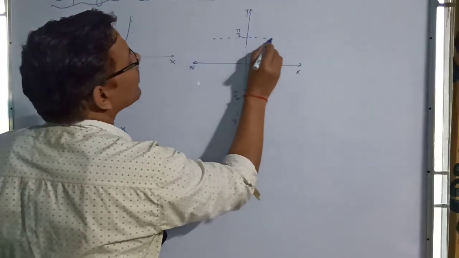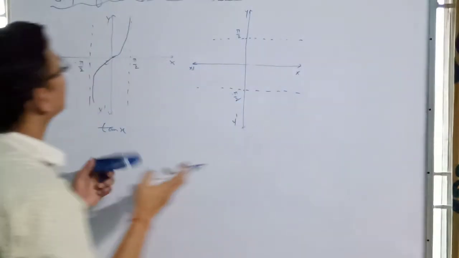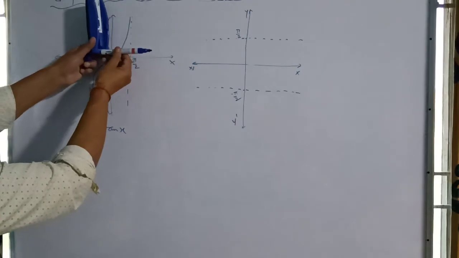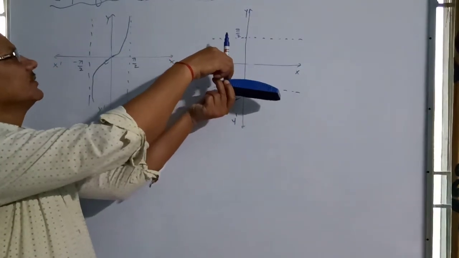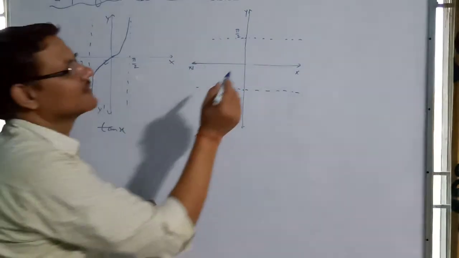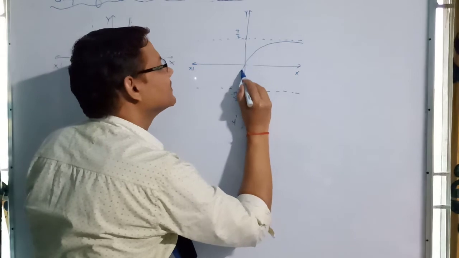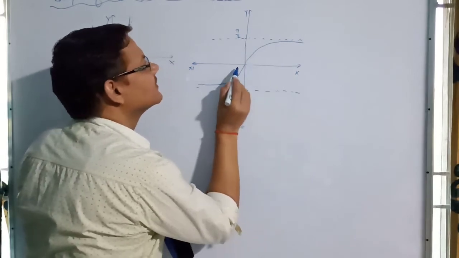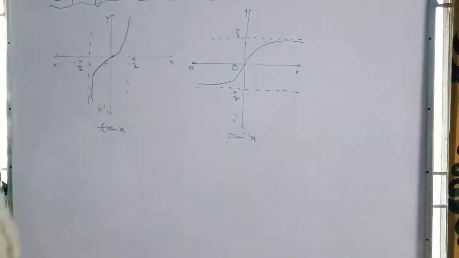When we change the x-axis and y-axis like this, what is the nature of the graph? It takes the shape here, undefined, so it is 0, and this is called the graph of tan inverse x.